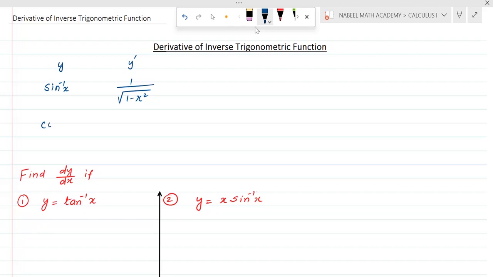When you have a cosine inverse, it's just the same thing, only the change is the minus sign.